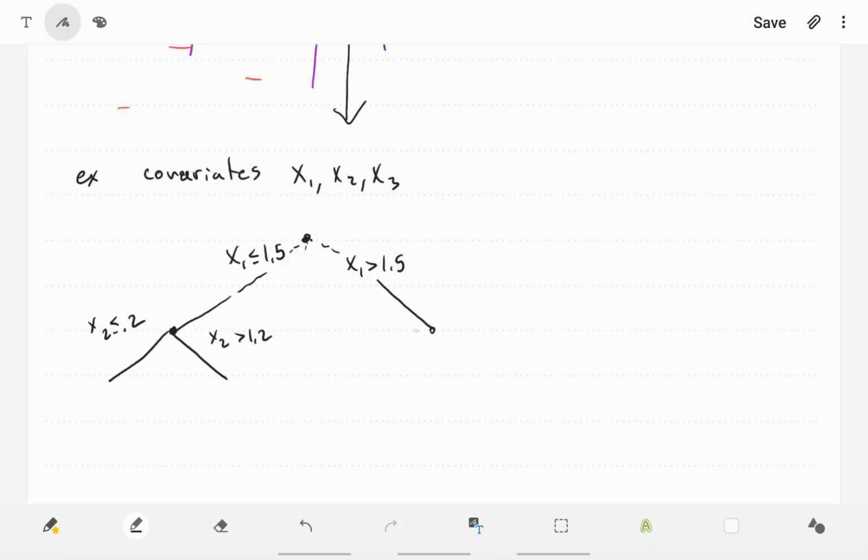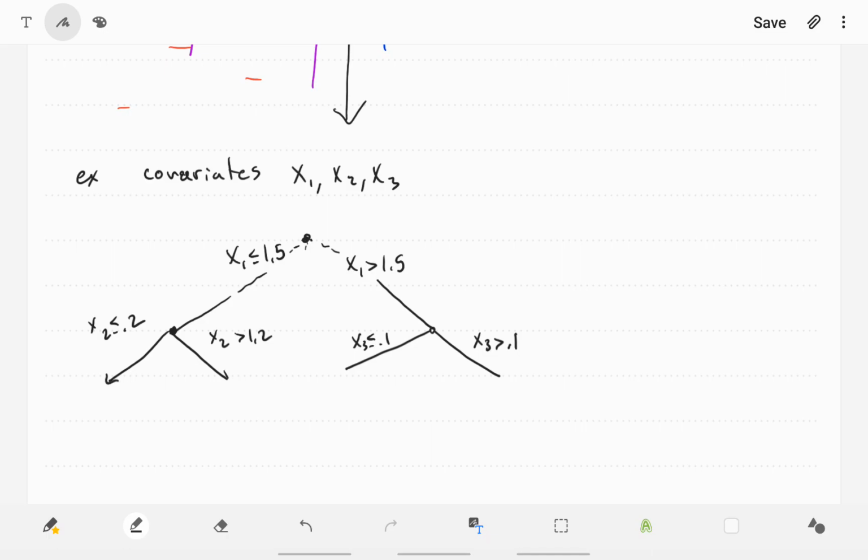And then perhaps for the data on the right-hand side, where x1 exceeds 1.5, we could split along a different variable, let's say x3. So the split could be x3 less than or equal to 0.1, or x3 exceeding 0.1. And then we could continue to split, but let's just suppose that we terminate here.